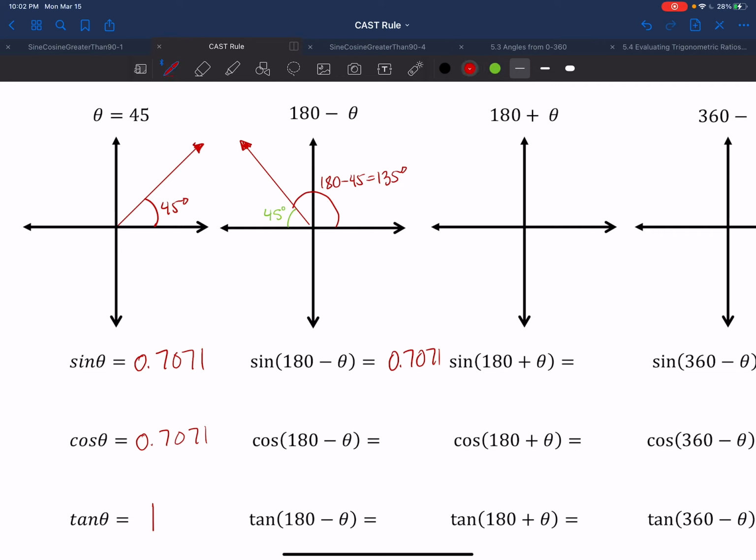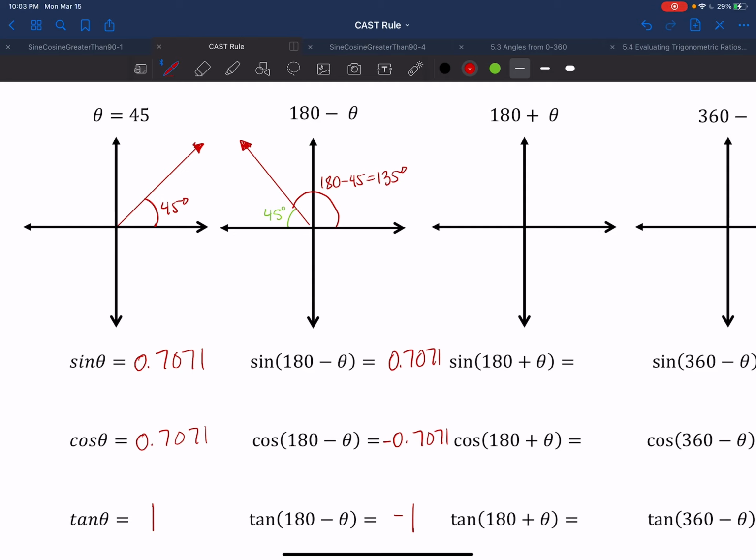The cos of 135 is going to be the same number as the cos of 45. But because it's in the second quadrant, and cos is negative in the second quadrant, it's a negative ratio. And the same thing with tan. The tan of 45 degrees is positive 1, but the tan of 135, because it's in the second quadrant, is going to be negative.